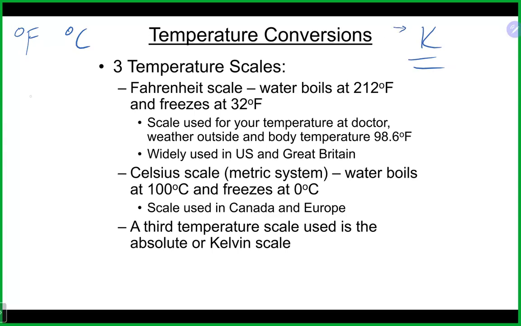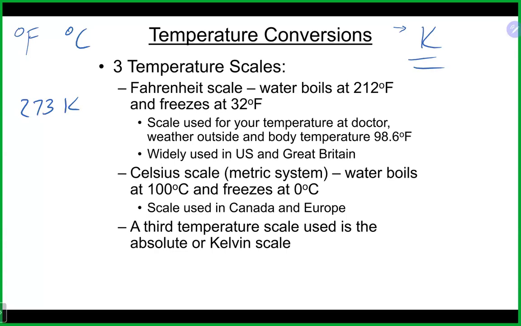So if we had a temperature of 273 Kelvin, that's exactly how we would say it: 273 Kelvin. We would not say 273 degrees Kelvin. So we don't use that degree symbol. There's also a difference in where water boils on each of these scales, and as we will see, that is also the difference in how we do the conversions between temperature scales.